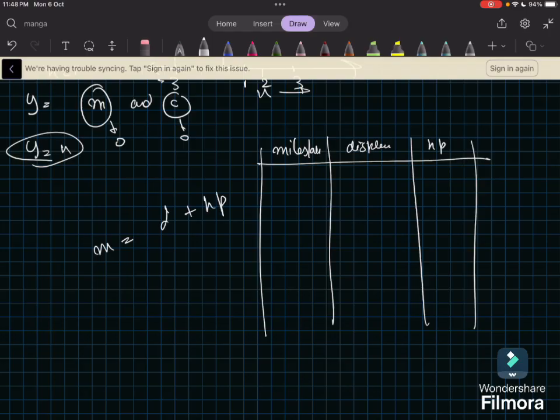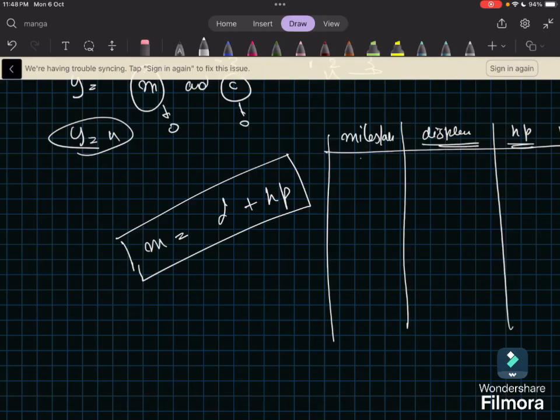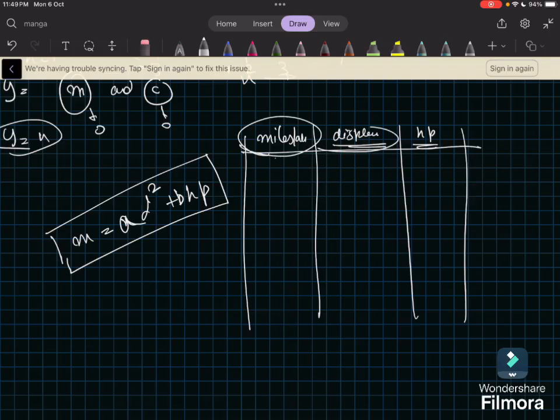How they are dependent, we don't know the exact equation, but we do know that miles per gallon is dependent on some factor or some form of displacement and horsepower. So the factor could be x, or a, or b, or it could be d square, it could be anything. But all we know right now is that miles per gallon is dependent on displacement and horsepower.